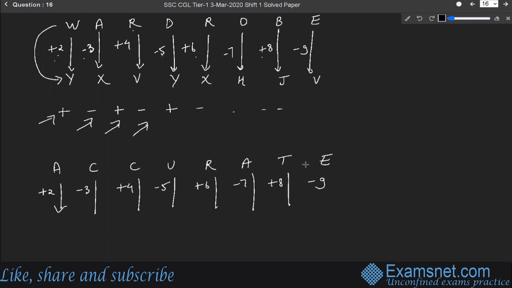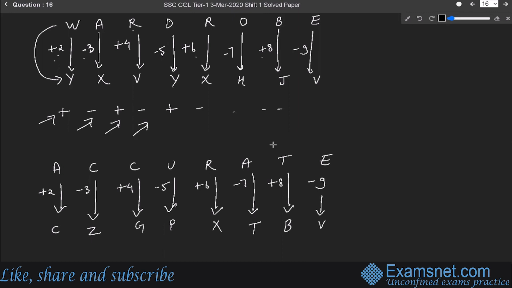So A plus 2 is C. C minus 3 will be Z because we are going in the opposite direction. C plus 4 will be G. U minus 5 will be P. R plus 6 will be X. A minus 7 will be T. T plus 8 will be B. And at last, E minus 9 will be V.